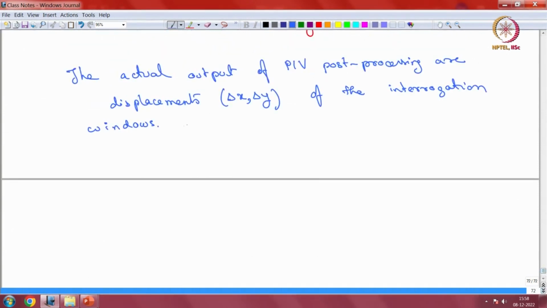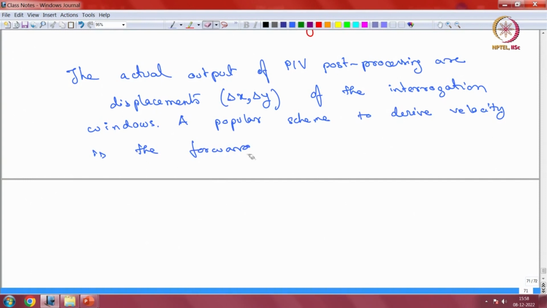So, a popular scheme to derive velocity is the forward difference interrogation, also called FDI.